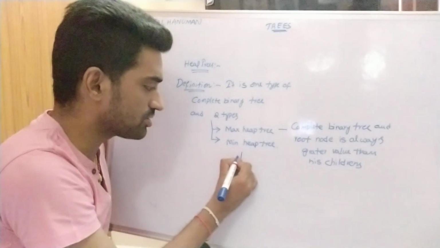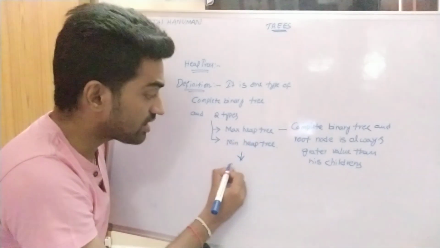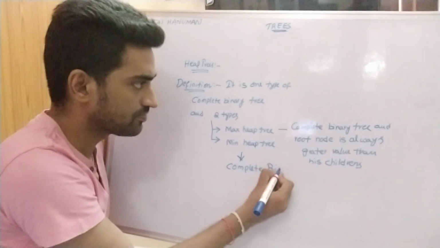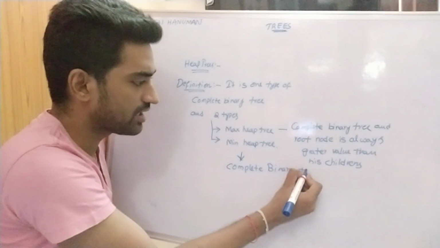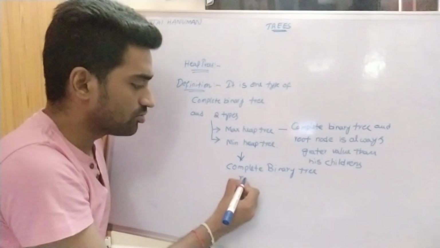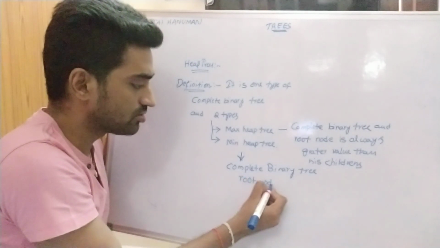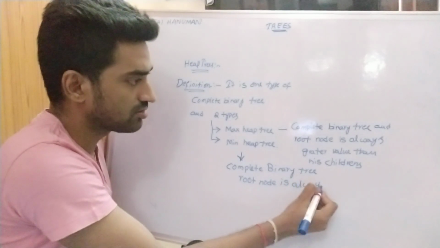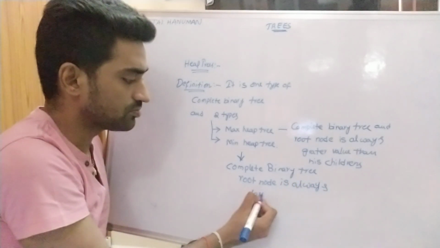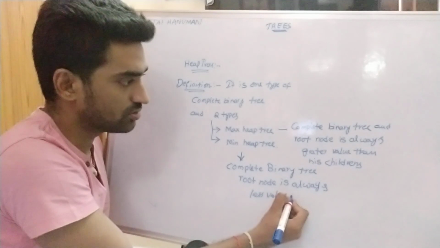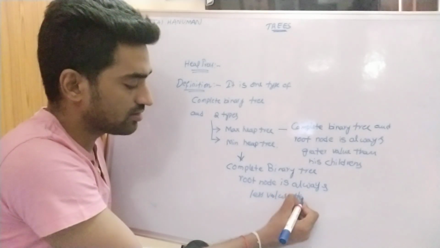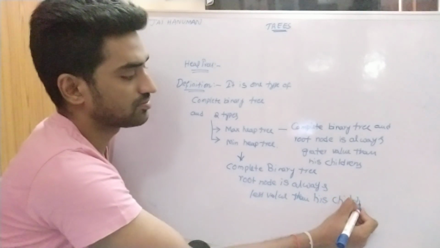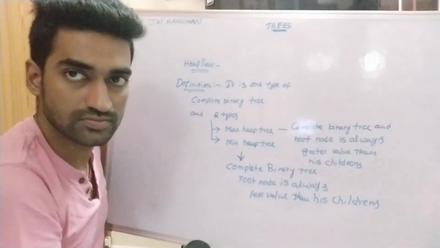So what is a min heap tree? It is also one type of complete binary tree, where the root node is always less in value than its children.